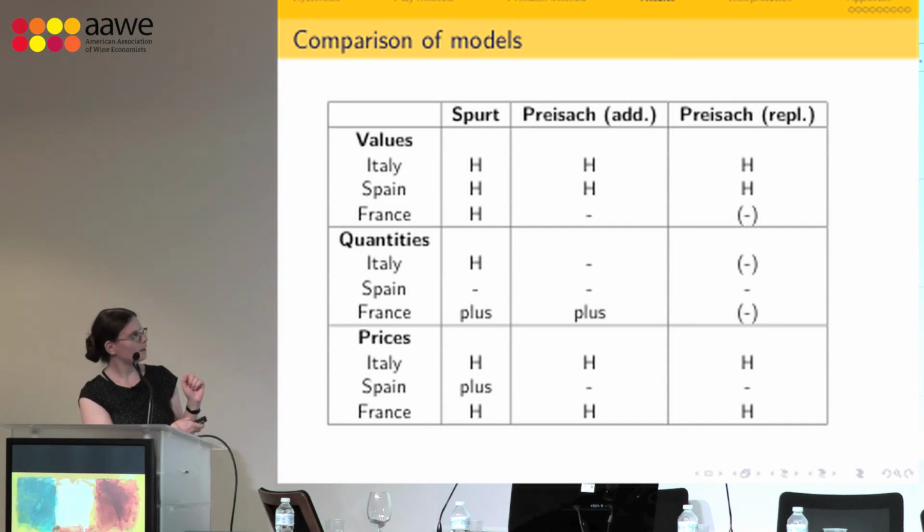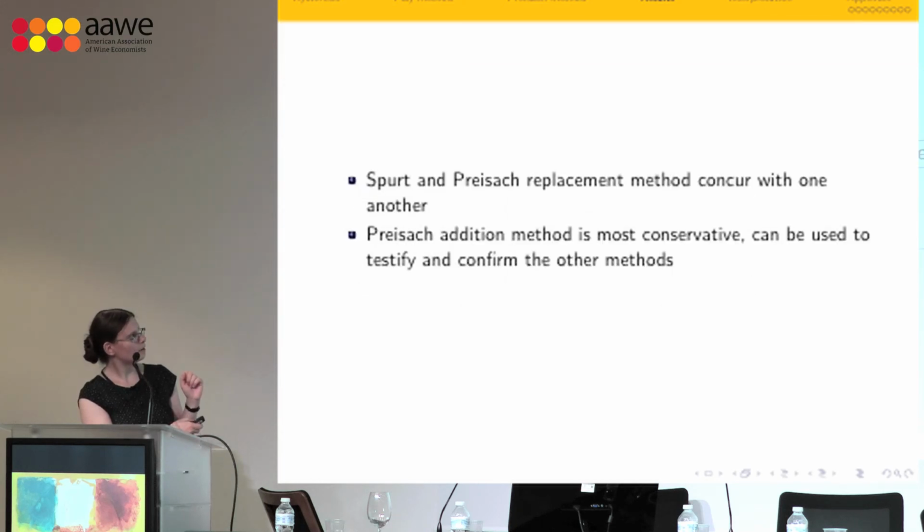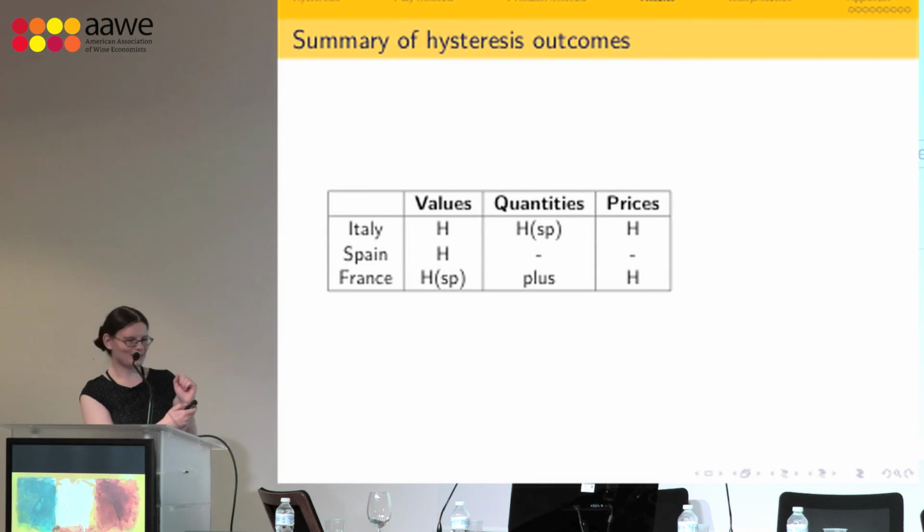So I've got a summary of the table before. I can conclude that I found hysteresis in Italian values, and that's another result from a paper I wrote before. The hysteresis in values can come from hysteresis in quantities or prices.